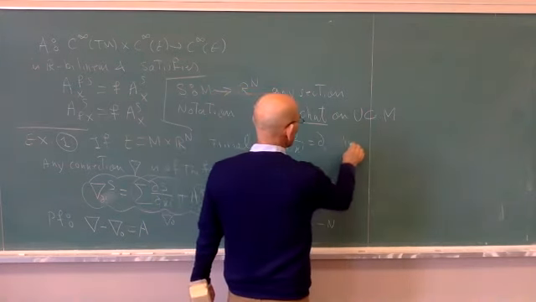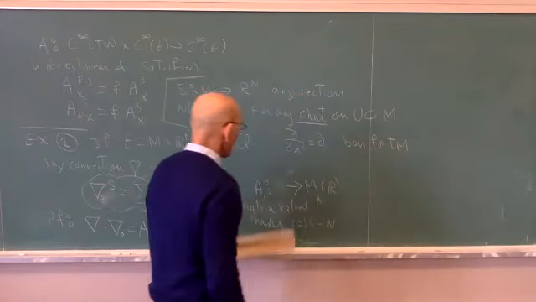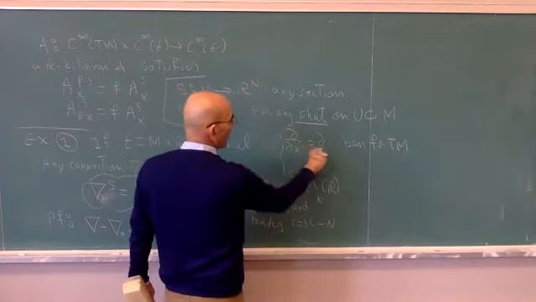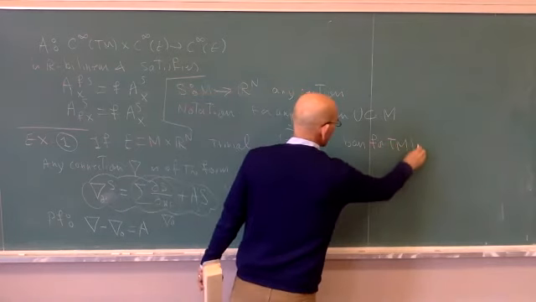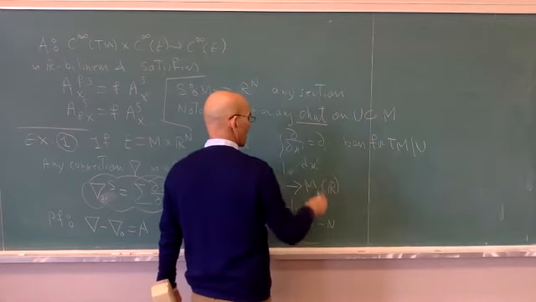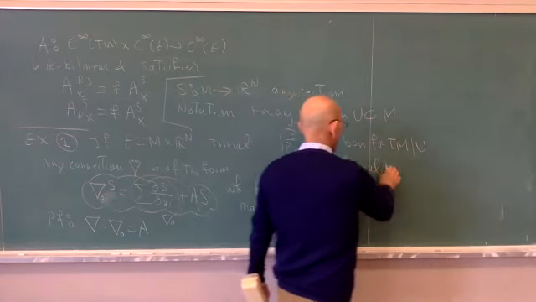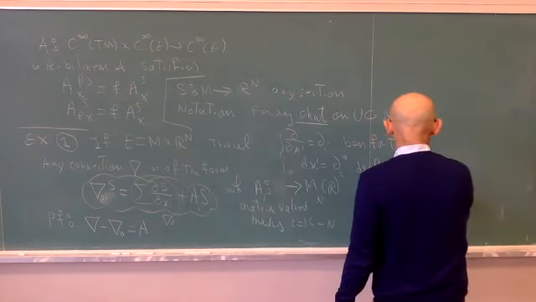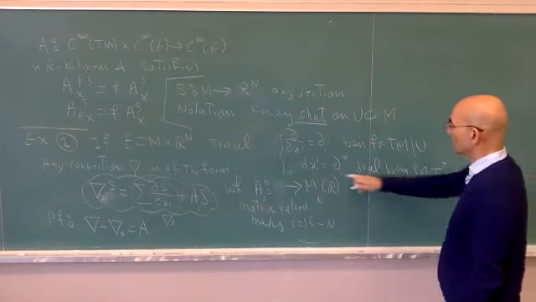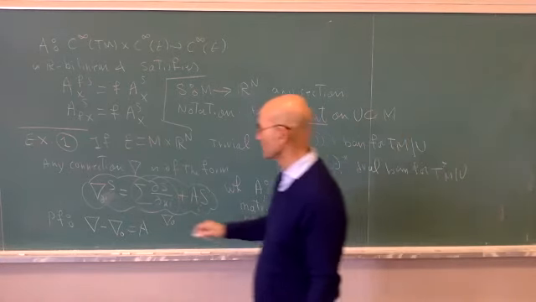This is a basis for TM, and as I said, we can see this as a framing of TM locally restricted to U. And the dual basis is dx^i, or the star of them. I'm not using this, but I will use this soon. But this is the basis that I'm using here.